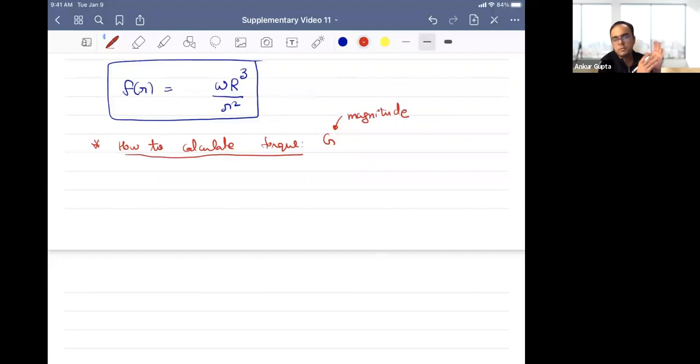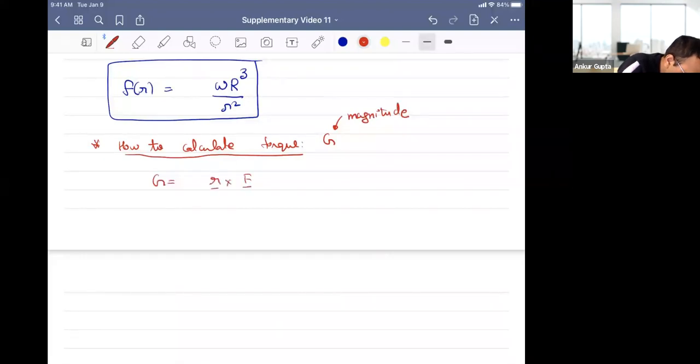Sometimes deciding on normal directions in curvature, we said for now don't worry about the sign. Similarly, don't worry about the sign here. Just look at the magnitude. So to get the torque, it is essentially r cross F. So torque G is basically r cross F.